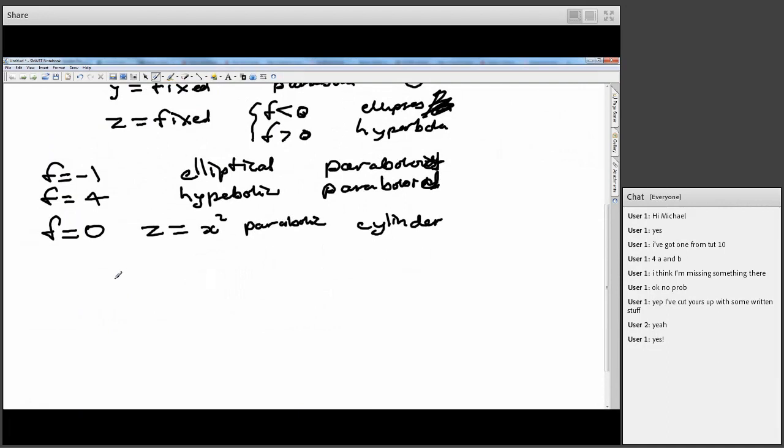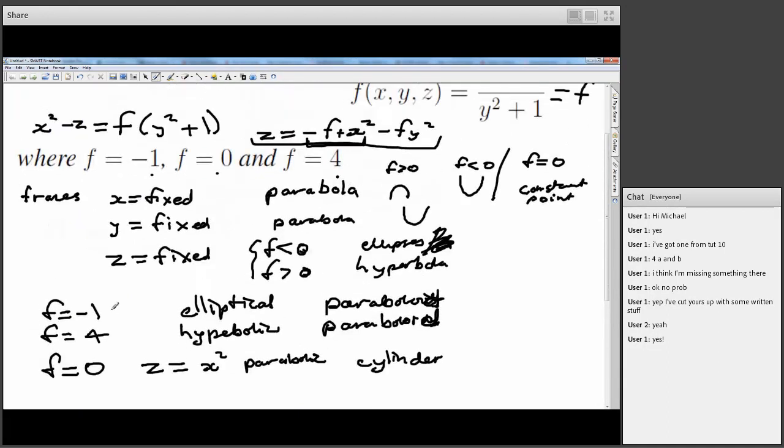Okay, so to draw them, we sort of need to anchor them down a bit. What would be really useful is to work out the center for certainly these two, just to help pin them down. So you've got the elliptical paraboloid, that's when f equals minus 1.